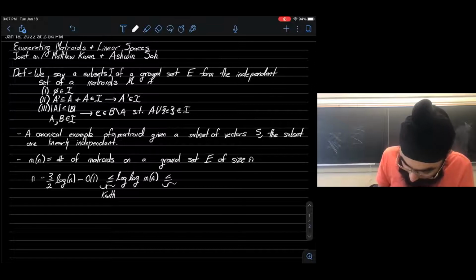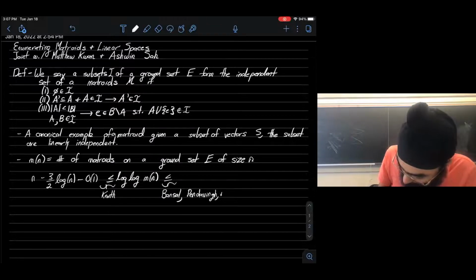And there was recent, really amazing work of Bennett, Bohman, and van der Pol, which gives an upper bound which matches this up to an O(1) in the log asymptotics. This is much more recent, I believe 2015, if I remember correctly.